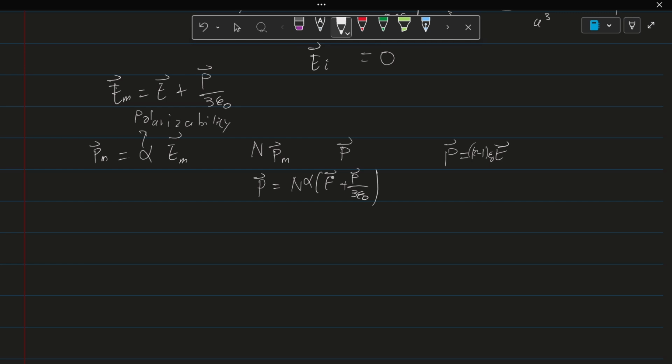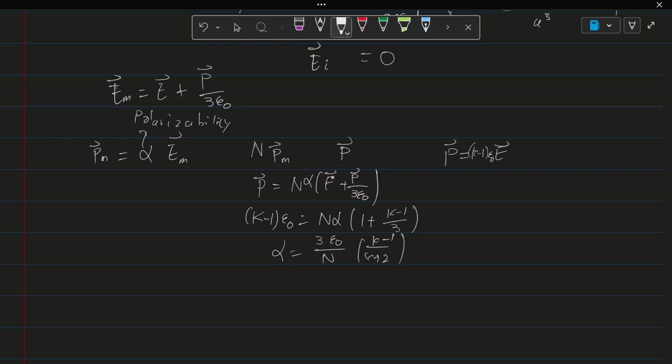So plugging that in, you would get k minus 1 epsilon 0 is equal to n alpha of 1 plus k minus 1 over 3, right? And if we simplify everything and solve for alpha, you would get that alpha is 3 epsilon 0 over n, times k minus 1 over k plus 2.